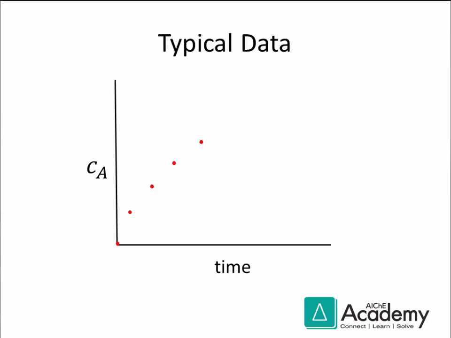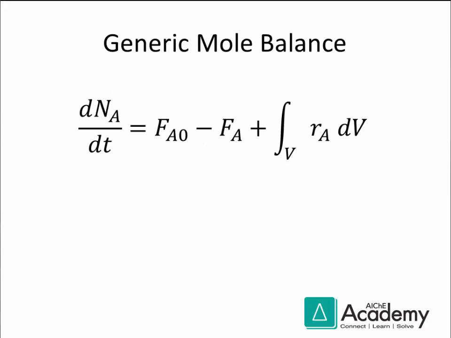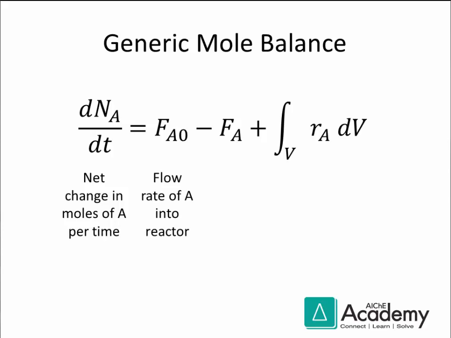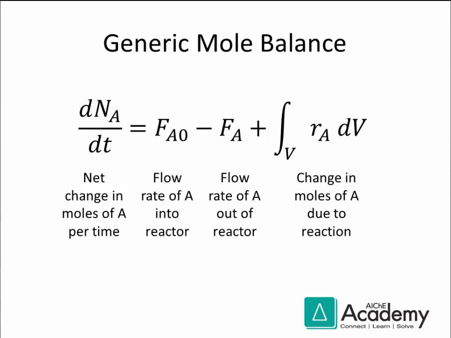So how do you reduce data like this to a kinetic rate model? We start with a generic mole balance for species A for any chemical reactor. This equation is stating that the net change in moles of A per time in the reactor is equal to the flow rate of A into the reactor minus the flow rate of A out of the reactor plus the change in moles of A due to the reaction.